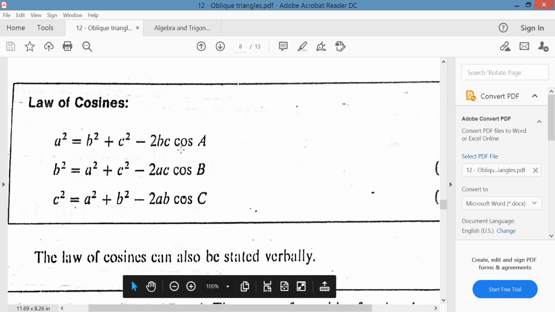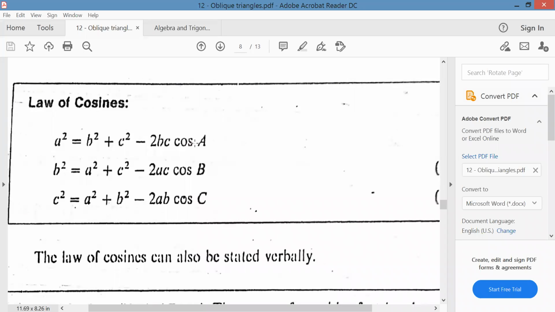The cosine of A means at vertex A, whatever is the angle, that is angle A. Similarly, angle B, angle C. At some places, the writer will be using alpha, beta, gamma, no problem. They are as good. Symbolically, you can write any symbol to represent the angle.